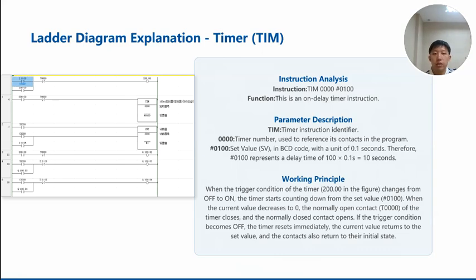When the input condition 200.000 is turned on, the timer starts counting, and after 10 seconds, the timer contact T00000 will close to provide a trigger signal for the subsequent counter.